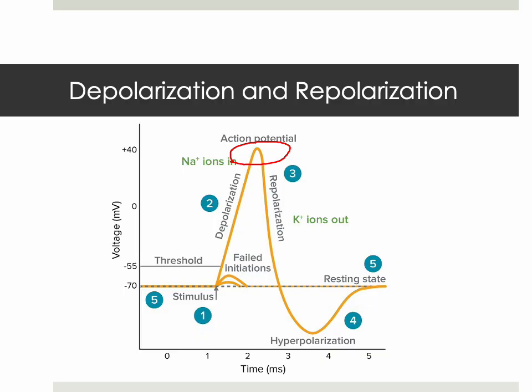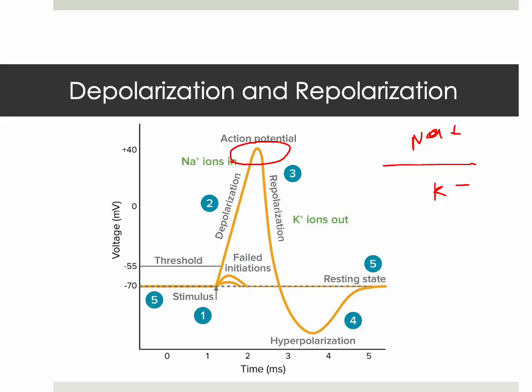So thinking about the cell wall, we know that there is more sodium outside and there's more potassium inside, right? So in order to have the action potential, some electrical activity has to happen.